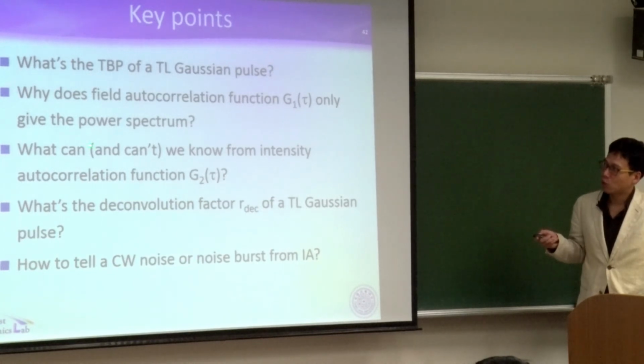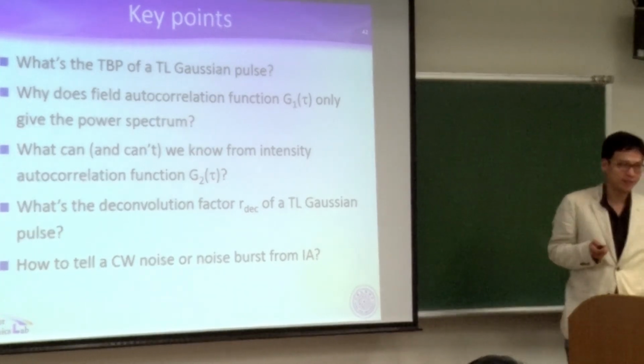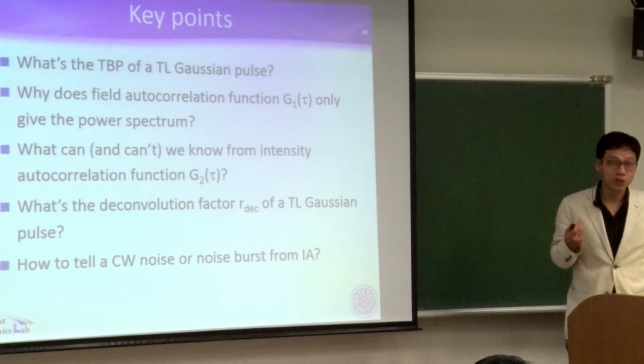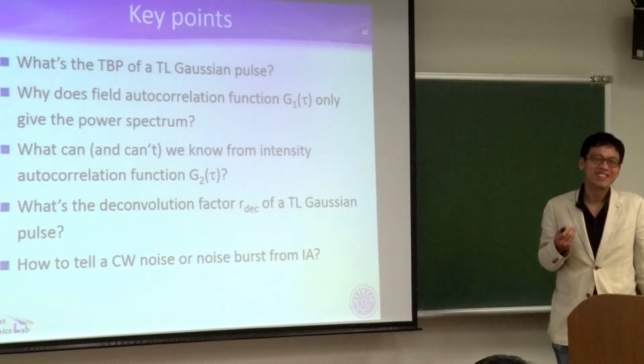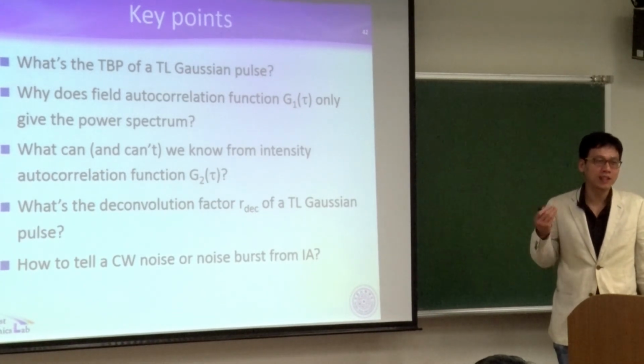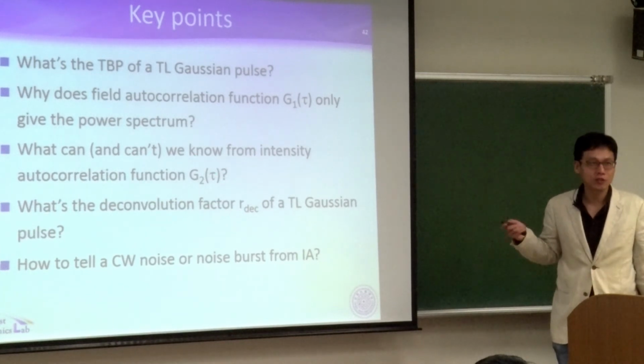Third, what can we know and what can't we know from the intensity autocorrelation function, the G2 function? What information could we get from the G2 function?